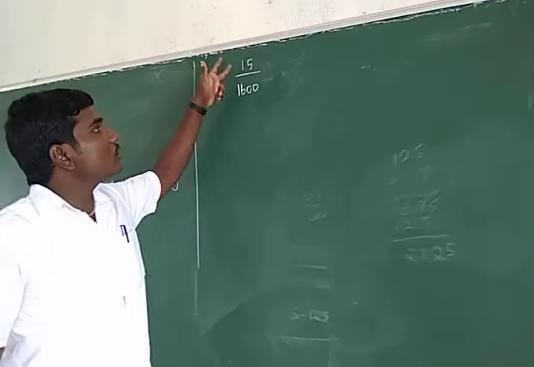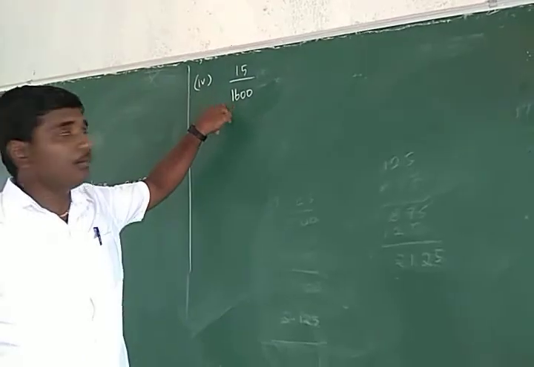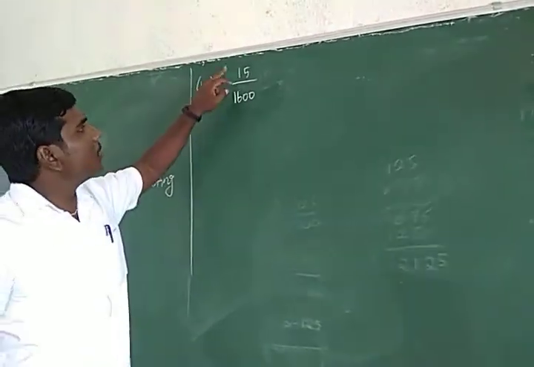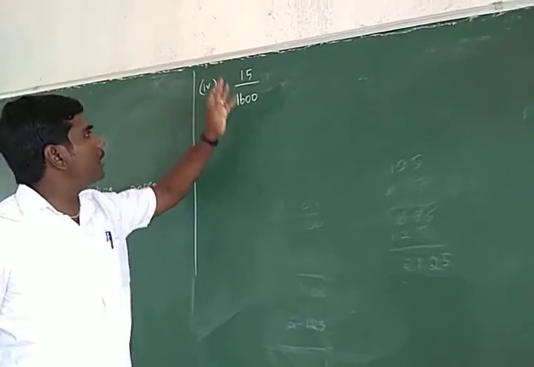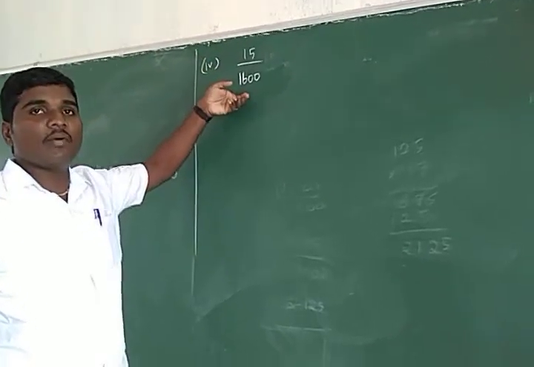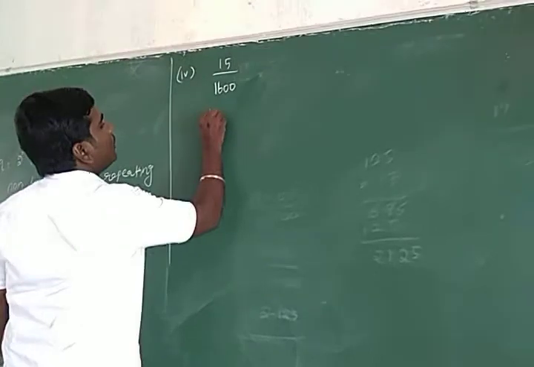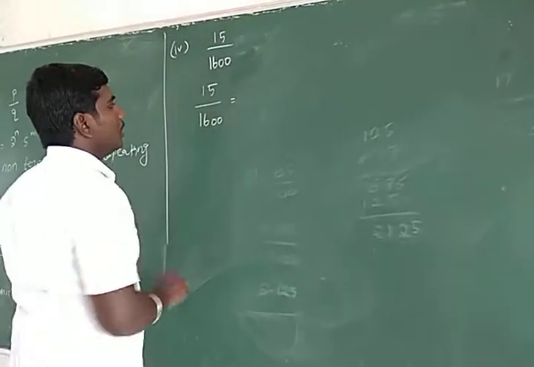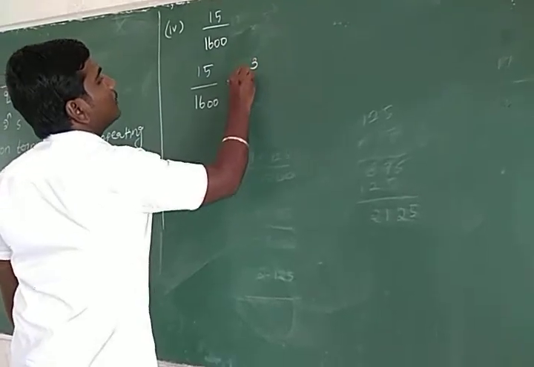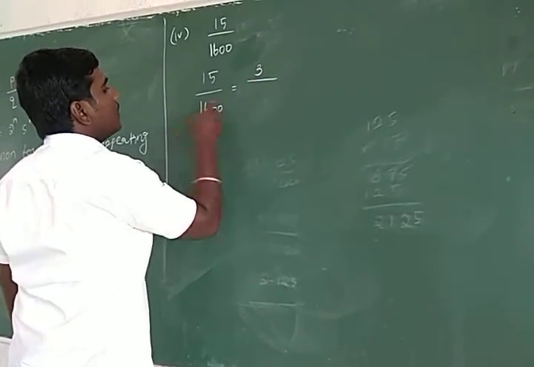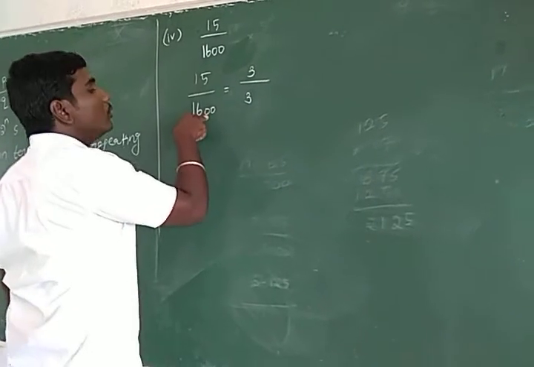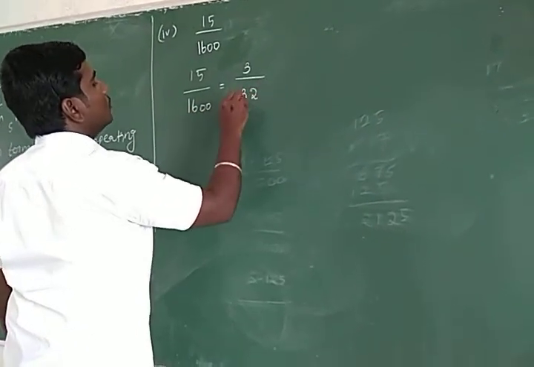Next question: 15 by 1600. I think these two numbers have some common factor. It is a multiple of 5, and the other is also a multiple of 5. So 15 divided by 5 is 3. Here 3 fives are 15. 1600: 1 remainder, 10, in 10 there are 2 fives, then 0.